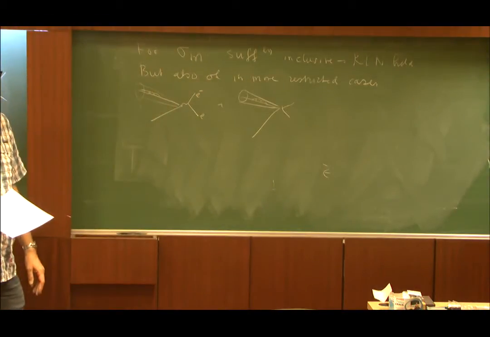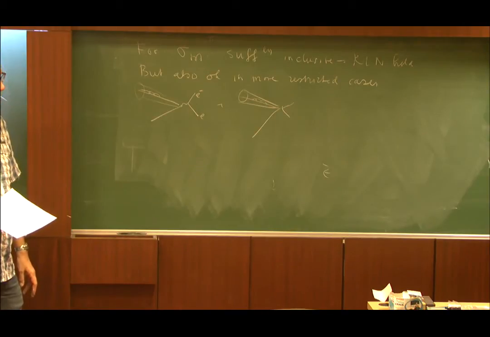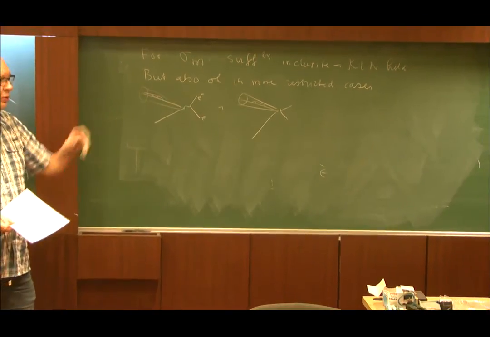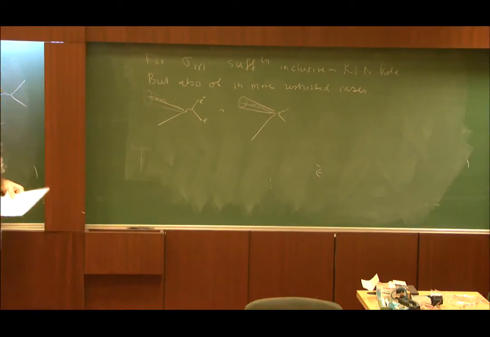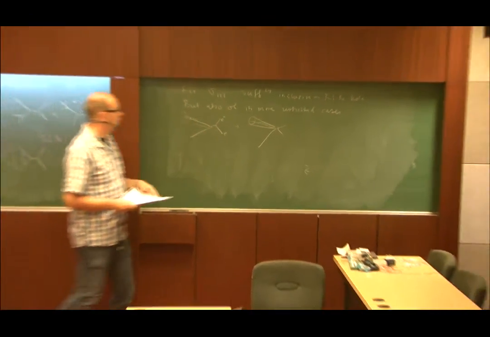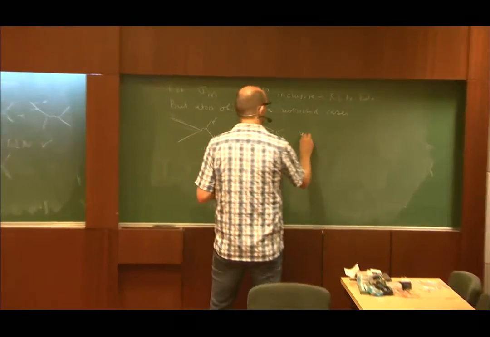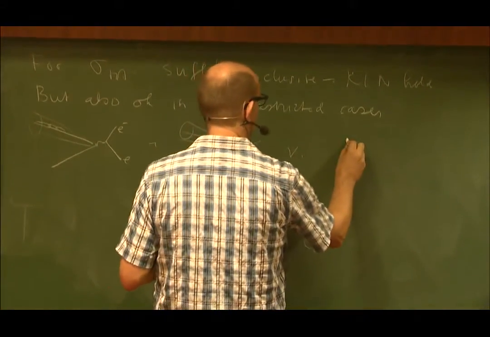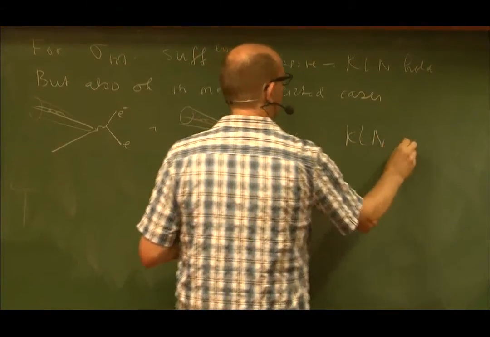One question: if we need to add all soft emissions, that's going to get a finite cross section. All? No, you do it order by order. You don't have to add them all. Okay. Just per order it works. So this is also okay. So the KLN also works here.